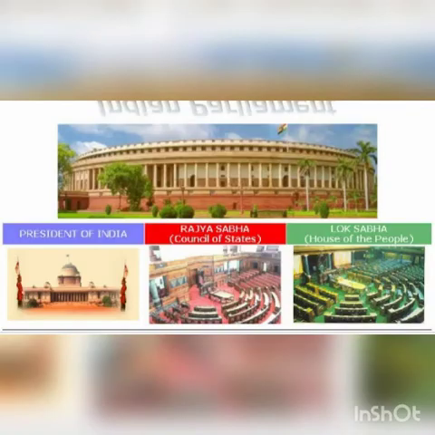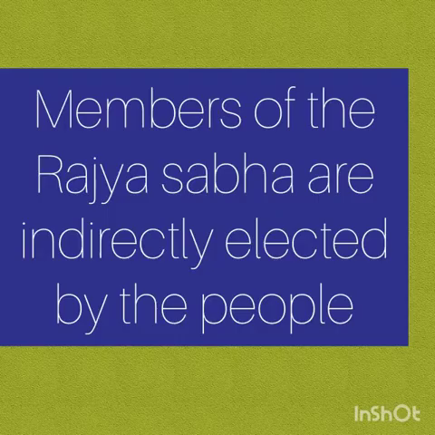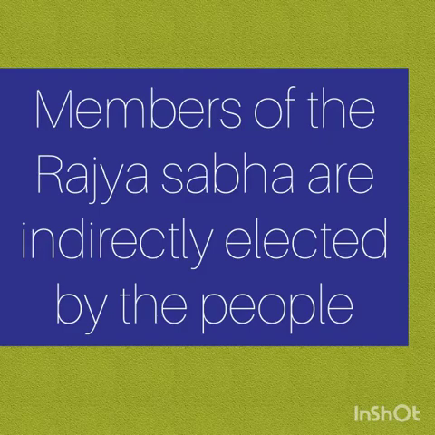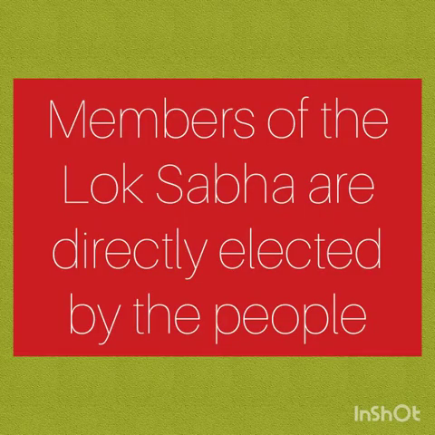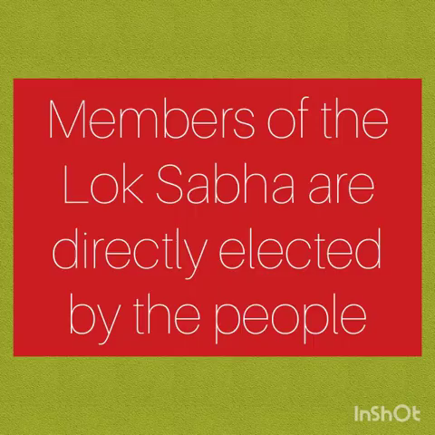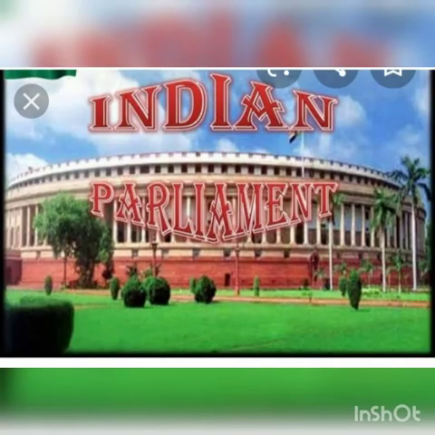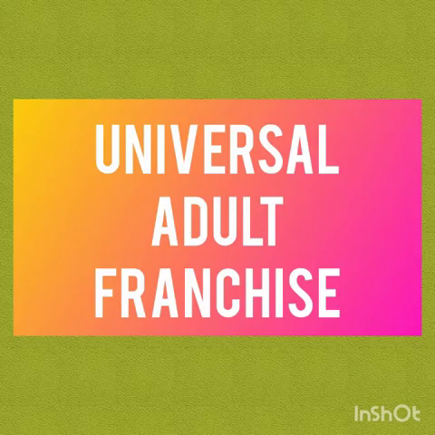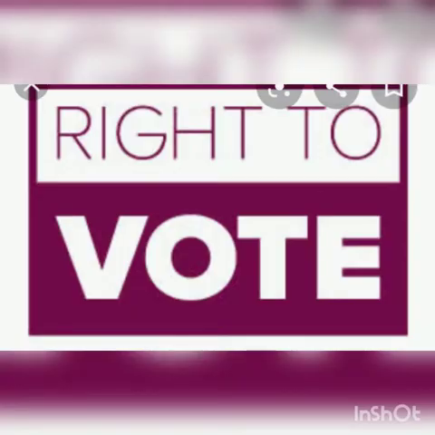You all know that the members of the Rajya Sabha are indirectly elected by the people, but the members of the Lok Sabha are directly elected by the people on the basis of universal adult franchise. Now, what is this universal adult franchise?